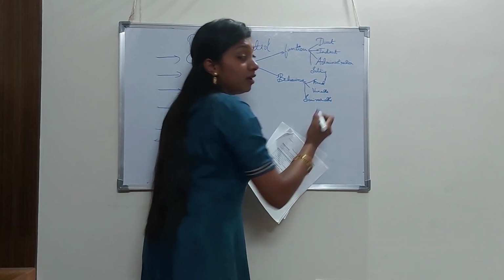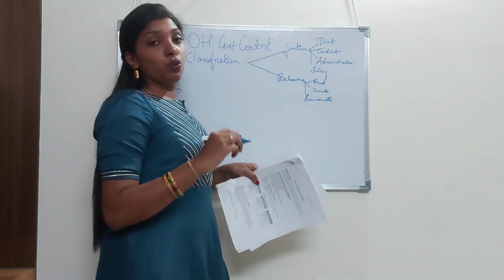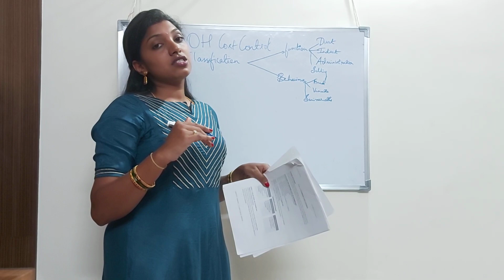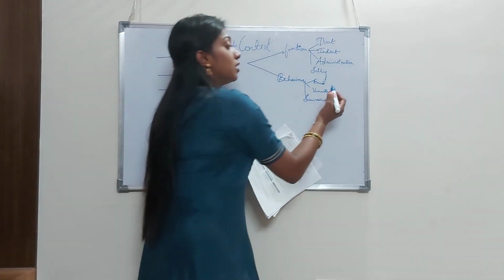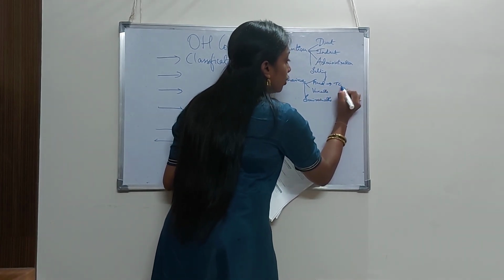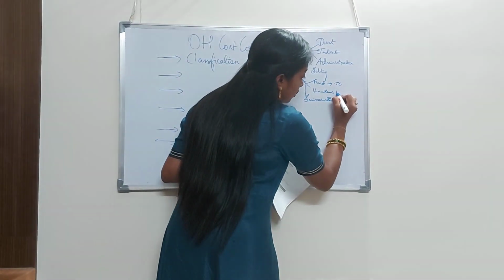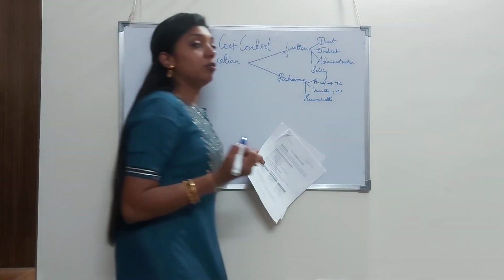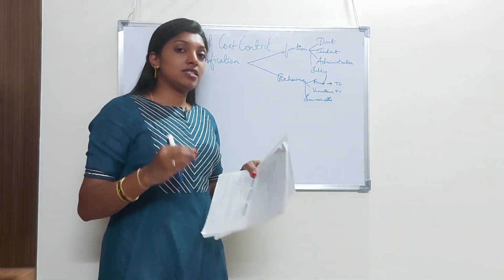Variable is where cost per unit is going to be the same. Semi-variable would be fixed to a certain extent and later on becomes a variable cost. Under fixed cost, the total cost is fixed. Under variable cost, the per unit cost is fixed. Please remember this. This is very, very important from the examination point of view.